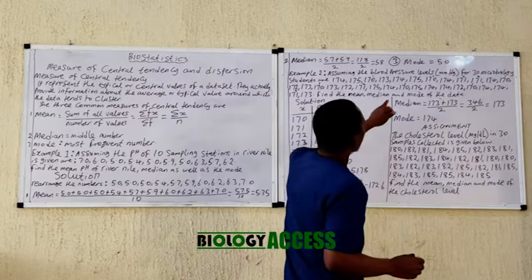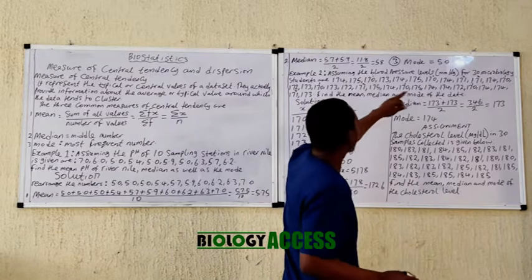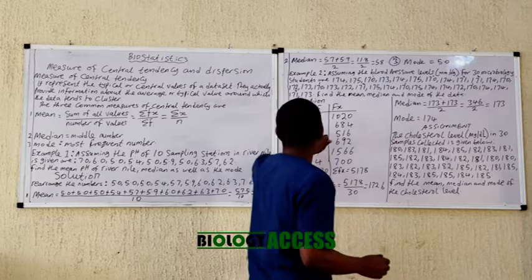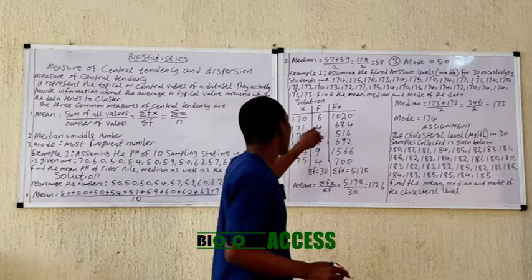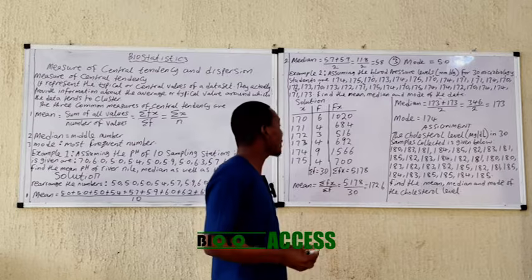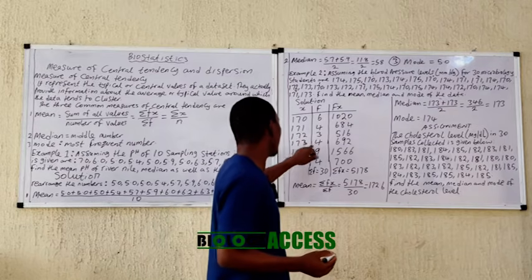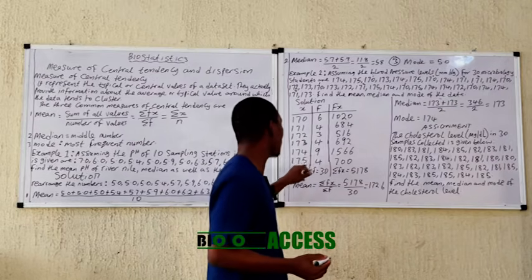So if you count the number of 2s that we have, 1, 2, 3, 4. So we have 171 occurring how many times? 4 times. So we just do the same for all the data sets, and you see 172 occurs 3 times, 173 4 times, 174 9 times, and so on.